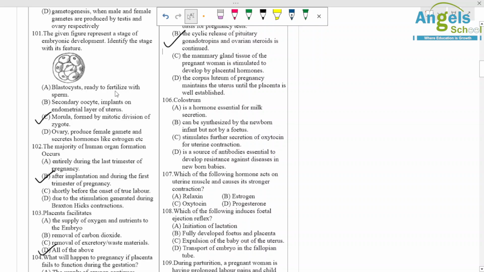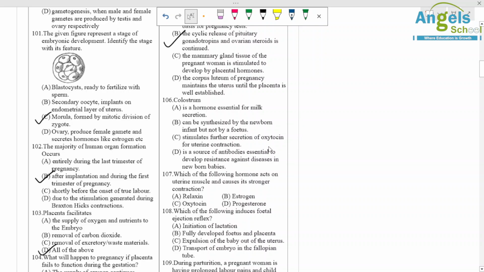Question number 106. Colostrum is a hormone, is essential for milk secretion. So colostrum is milk only, it is not a hormone. So this is a wrong option. Can be synthesized by newborn infant but not by fetus. This also does not happen.